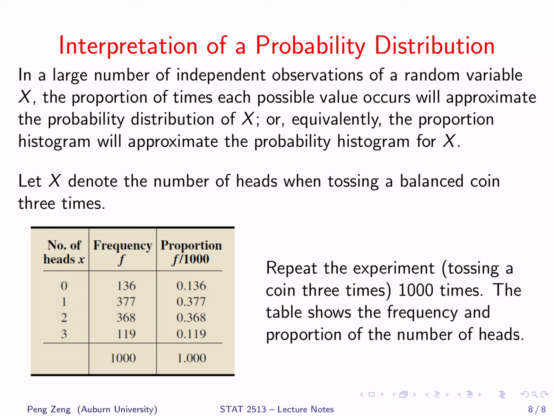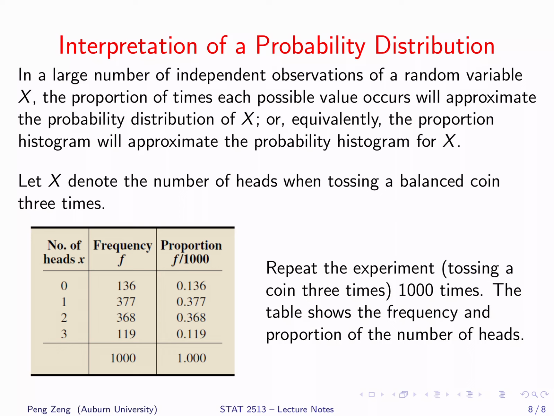We have mentioned before that a probability can be explained in terms of a proportion over long-run repetitions. For example, let X be the number of heads when tossing a balanced coin 3 times. We may repeat this experiment many times, for example, 1,000 times. Each time, we record the number of heads. The results of 1,000 experiments can be summarized in this frequency table.